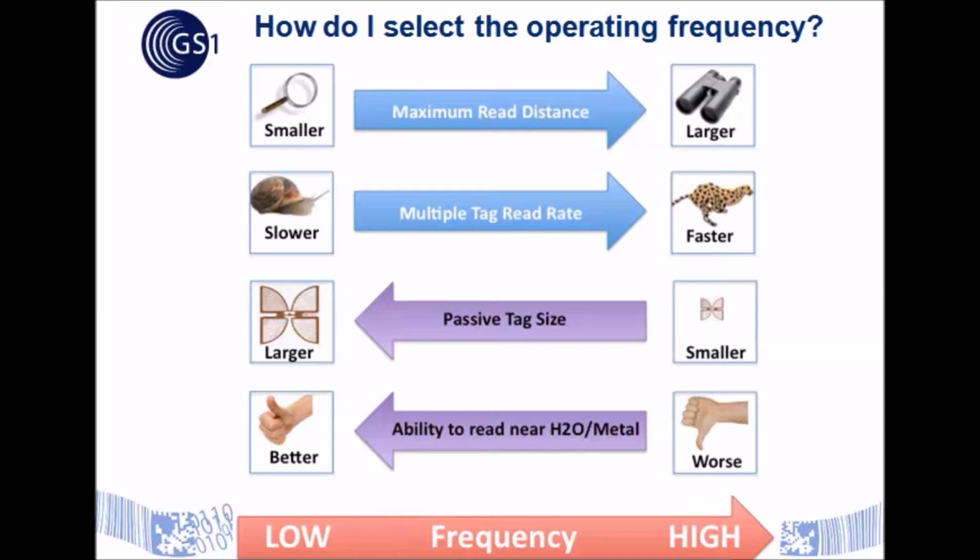As we have learned, the operating frequency will directly impact the performance of the RFID system. Therefore, the main factors that you should consider when selecting your operating frequency are your application requirements and the operating conditions.